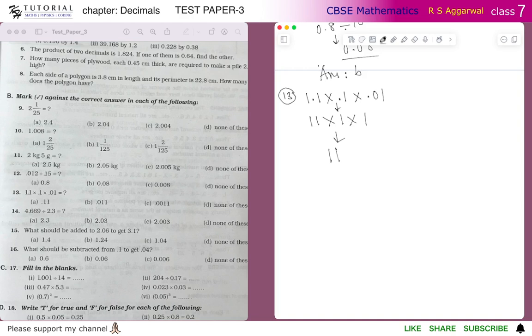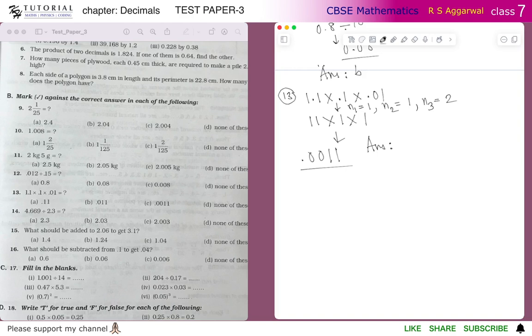Now in this case, n1 means the decimal places of the first decimal number, which is 1. n2 is the decimal places of the second decimal number, which is also 1, and n3 is the decimal places of the third decimal number, which is 2. So in the final product, the decimal places should be n1 plus n2 plus n3, that is 4. So we have to make 11 into a decimal number such that its decimal places become 4. So the result will be 0.0011. So what will be the choice?